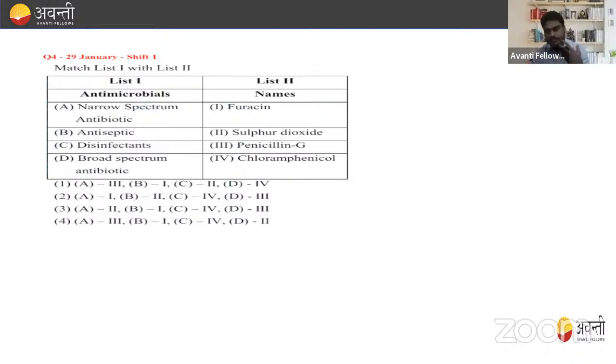Antiseptic we apply externally to stop the growth of bacteria. Disinfectant, for example, we use for our house cleaning, floor cleaning. So these are called disinfectant. And the broad spectrum antibiotic. So out of these four, which one is the correct option, beta? Which one is the correct option?